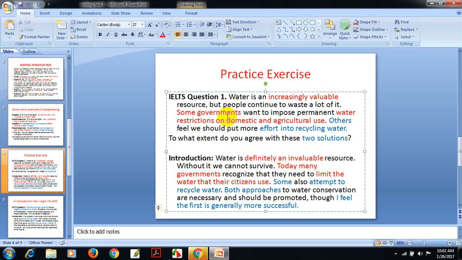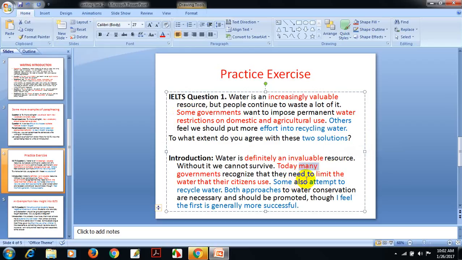And here, some governments, here, today, many governments, at least you changed, you added one word today. Another thing, what you did is, some government is here, some is changed into many. It is also a skill.